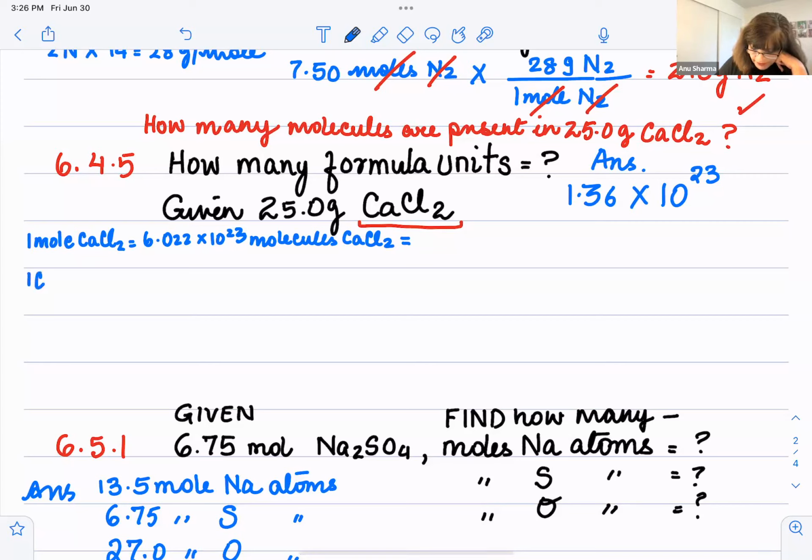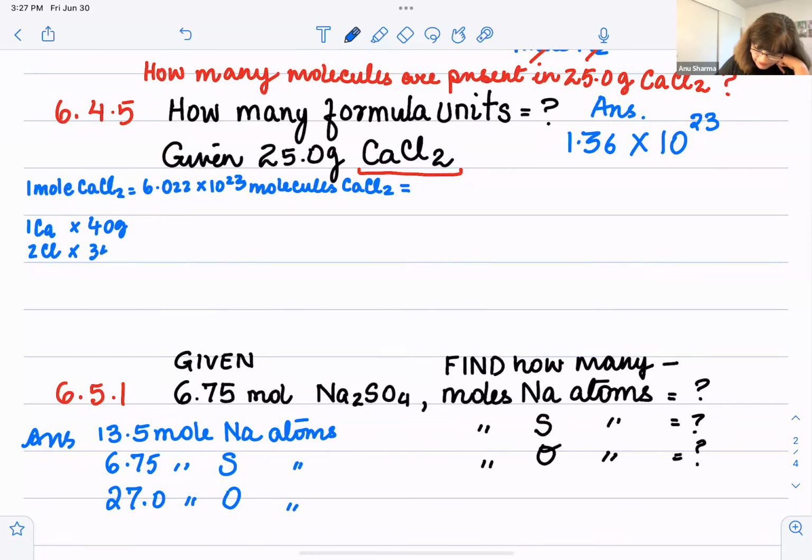One calcium and 2 chlorines. 1 calcium is 40 grams, and 2 chlorines is 35 times 2, which is 70, plus 40. So this becomes 110 grams per mole. That is the molar mass for calcium chloride.